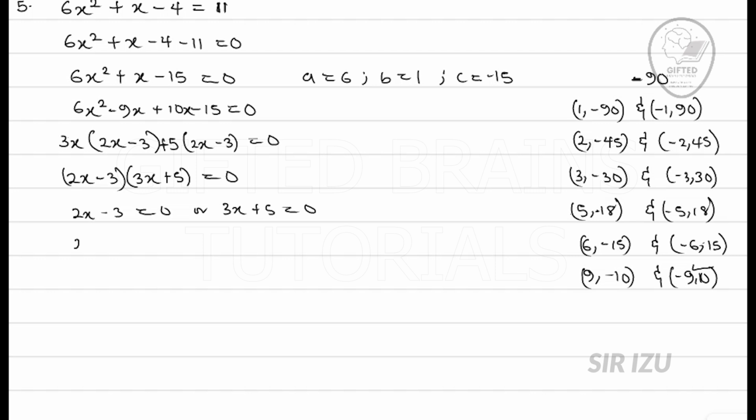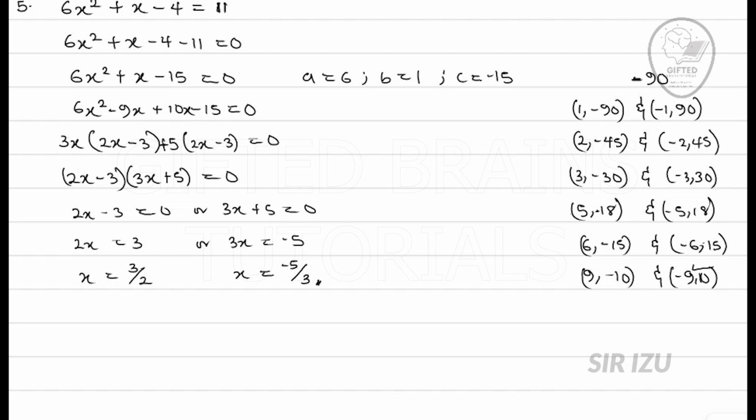So we have 2x is equal to 3, and while dividing both sides by 2 will give us x being equal to 3 over 2. Or we have 3x being equal to minus 5, and then x when divided by 3, both sides by 3 will give us minus 5 over 3. So that's that about that.